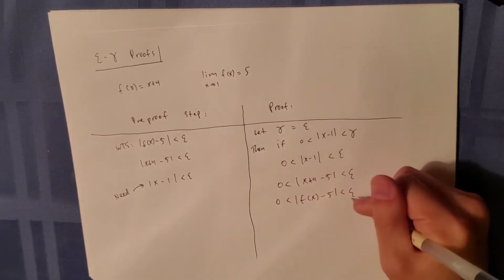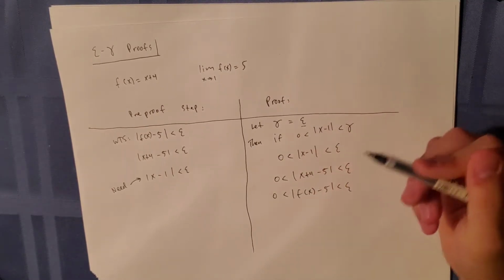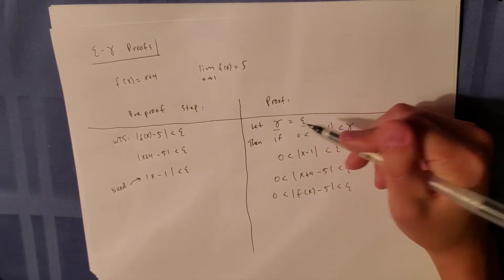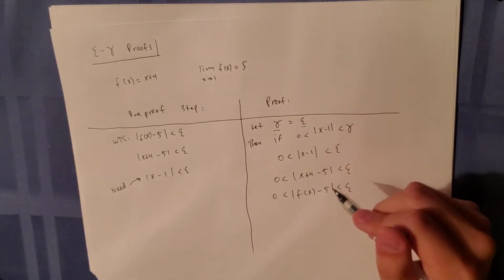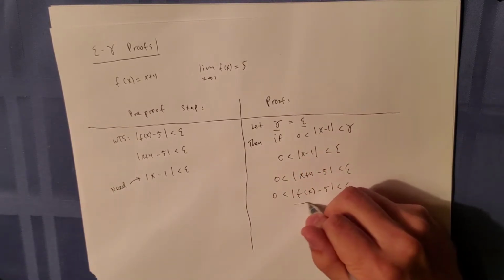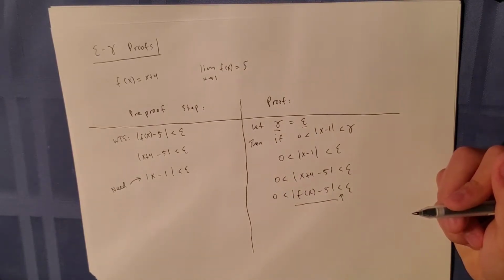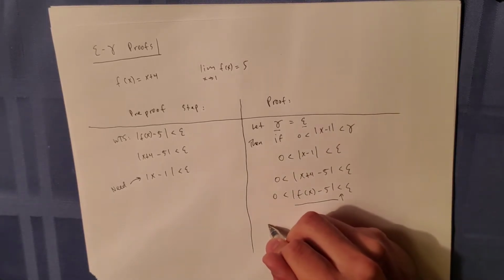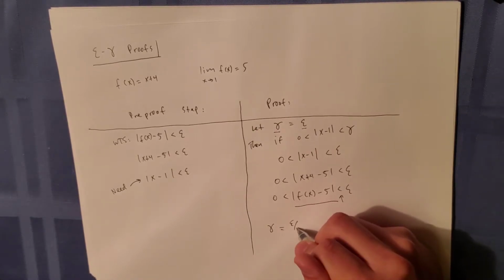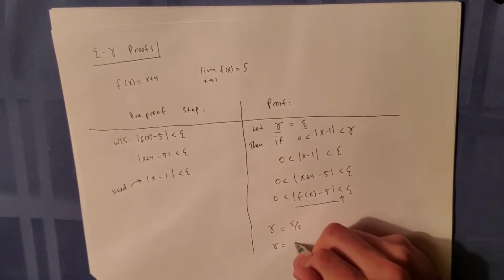And basically this statement proves that for any epsilon, we can set the delta to epsilon, and this delta that we chose will force f of x minus 5 to be less than epsilon. We could have chosen delta equals epsilon over 2, or delta equals epsilon minus 1.